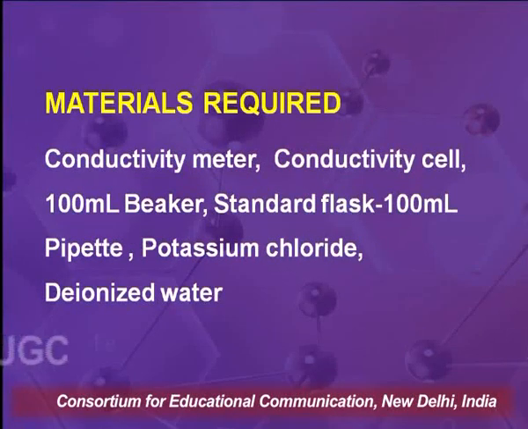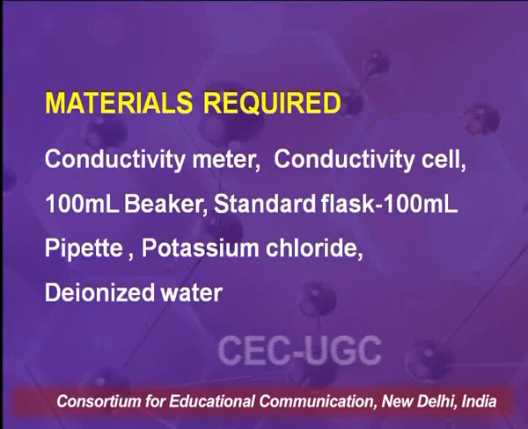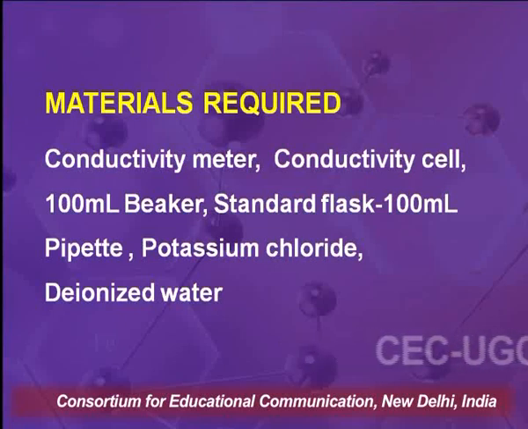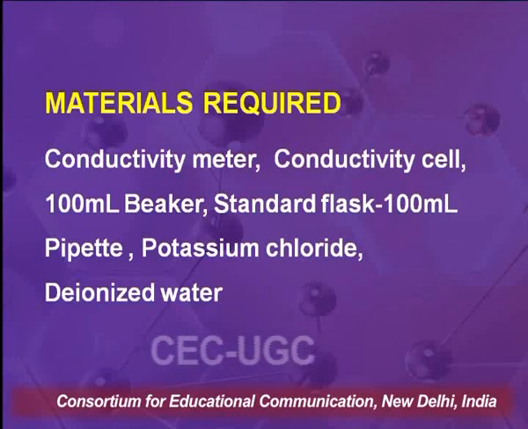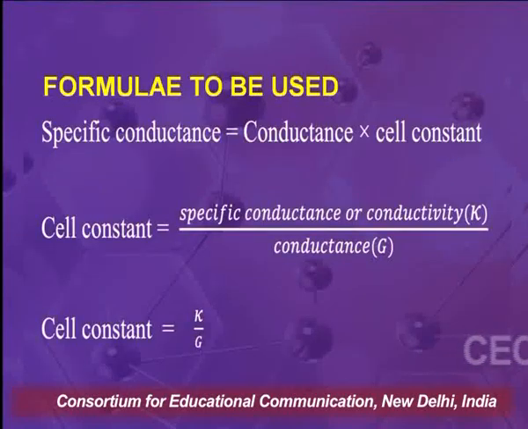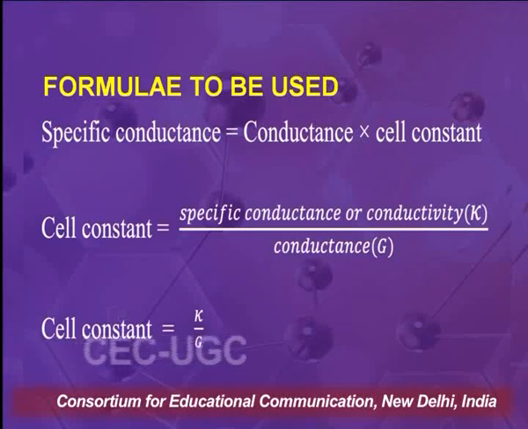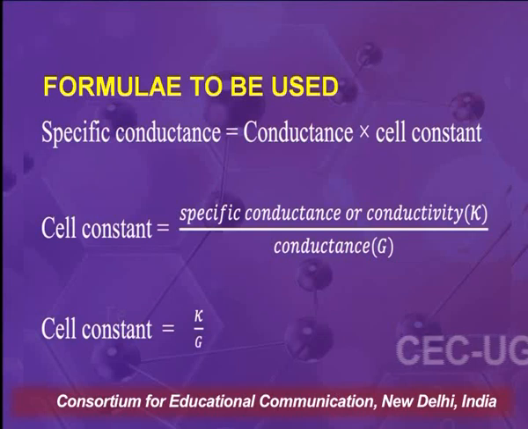Materials required: conductivity meter, conductivity cell, 100 ml beaker, standard flask 100 ml, pipette, potassium chloride, deionized water. Formula to be used is specific conductance is equal to conductance into cell constant. So, cell constant is equal to kappa by G.